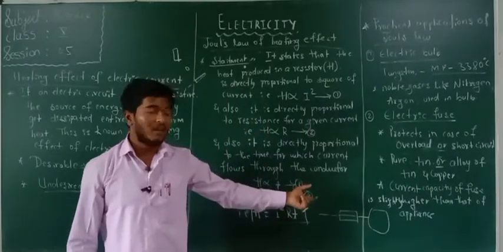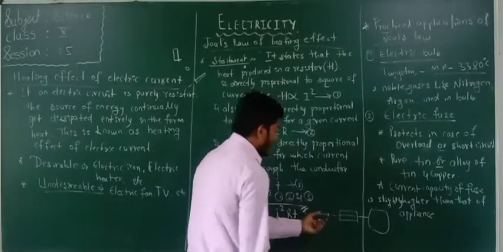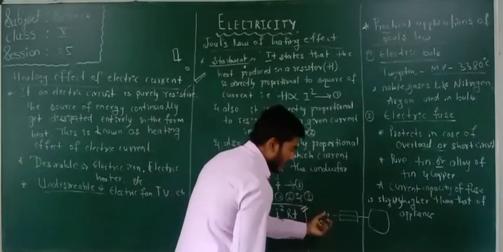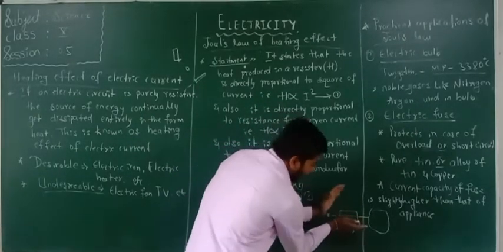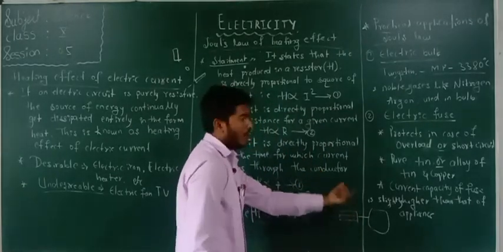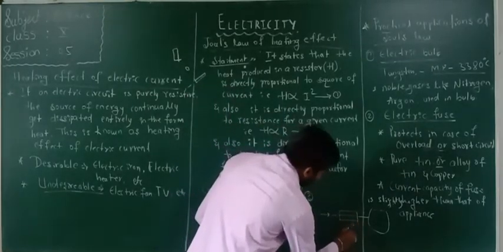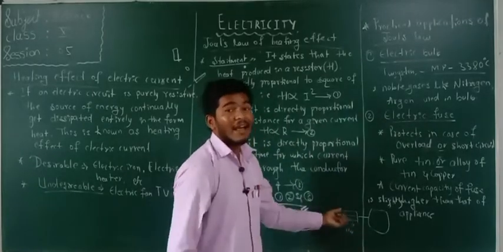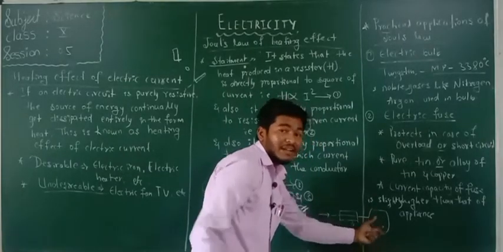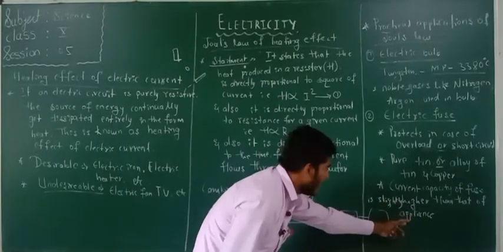What happens here? If overload or short circuit happens, the current coming from the conductor also increases. The fuse contains a tin wire, made only of tin and copper. It has a low melting point, and it has a current capacity slightly higher than that of the electrical appliances.